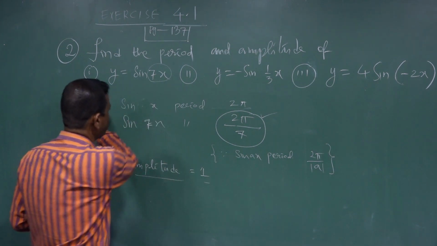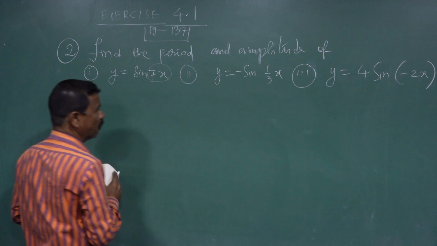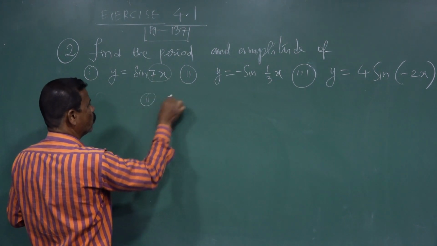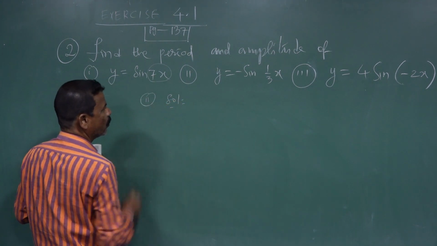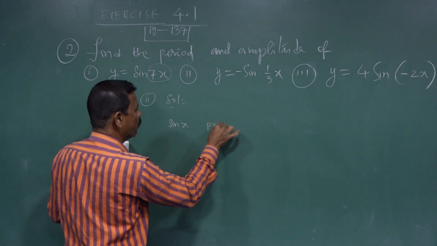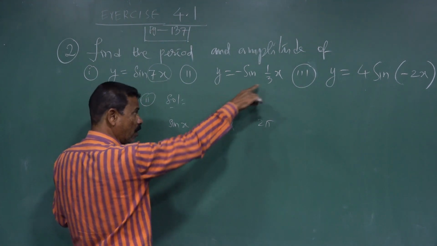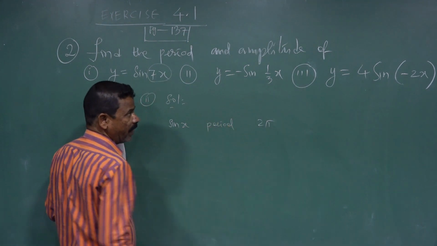Now coming to the second question. Sin x has period 2π, but here 1 by 3 multiplication is there.